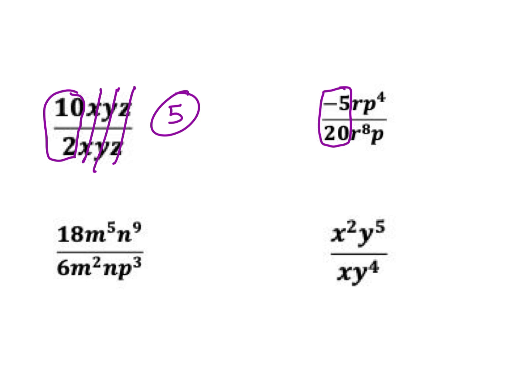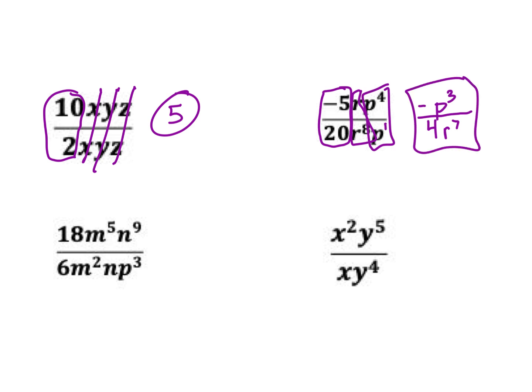So that's going to simplify to be negative 1/4, or I can just say negative on the top and 4 on the bottom. These r's, when I take the difference, I have an excess of 7 on the bottom, r to the 7th. And when I take the difference here, remember this is a 1, I have p to the 3rd on the top.